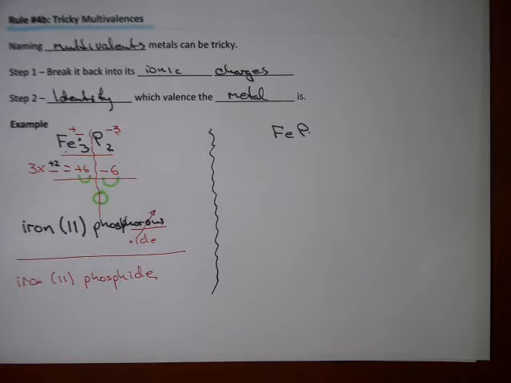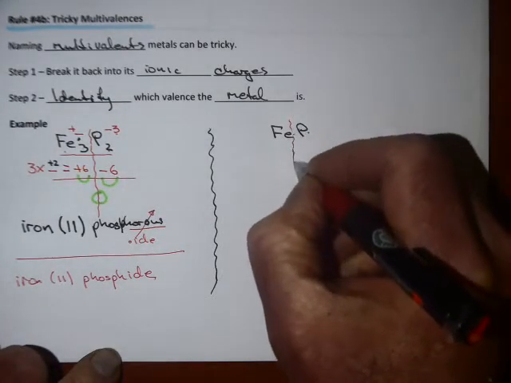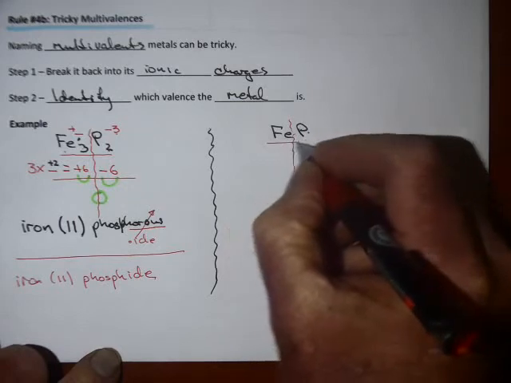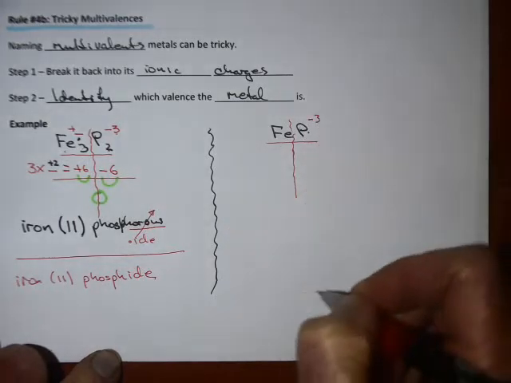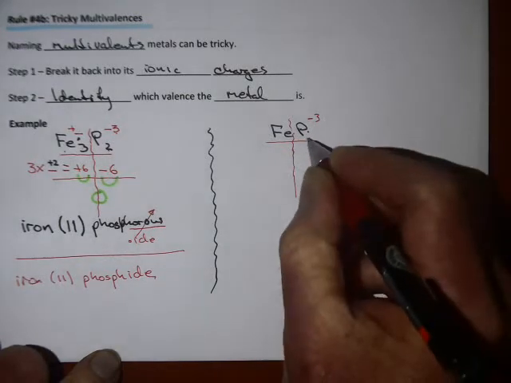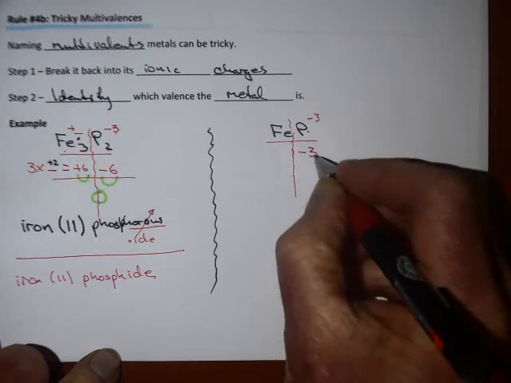Okay, we're back again. So what we're going to do is we say, okay, we know only one thing. We know that phosphorus is -3. So we've got 1 times minus 3 is minus 3.